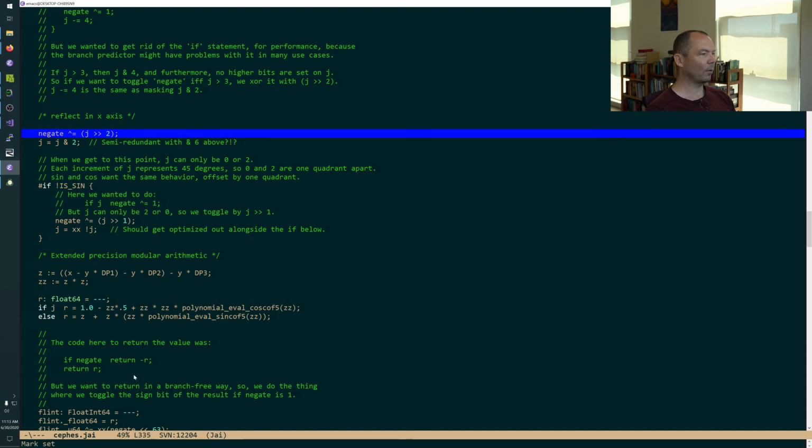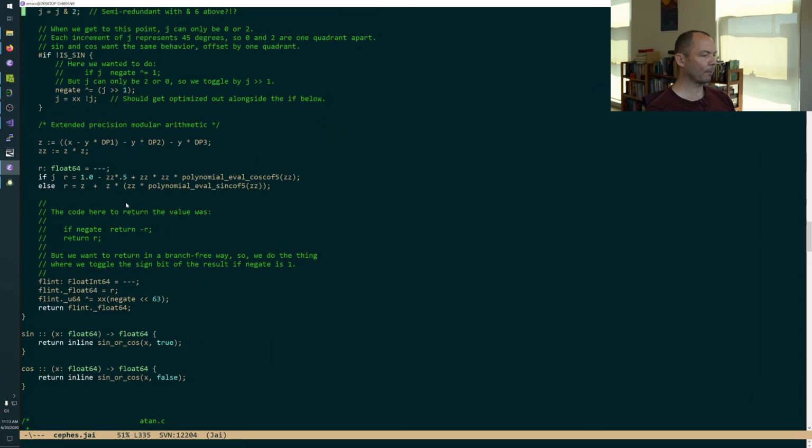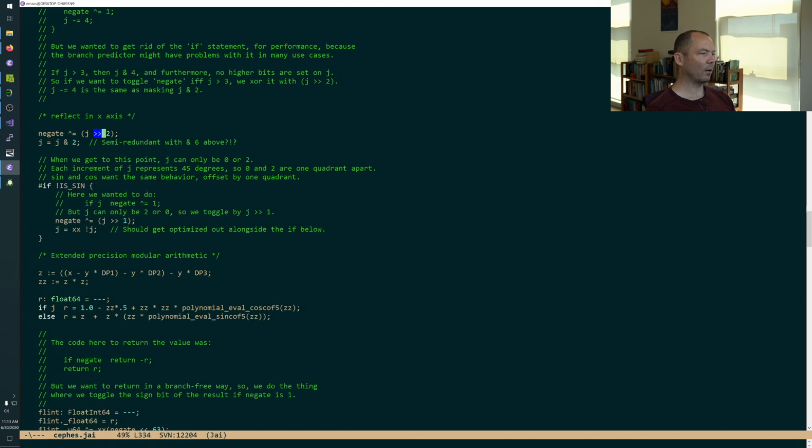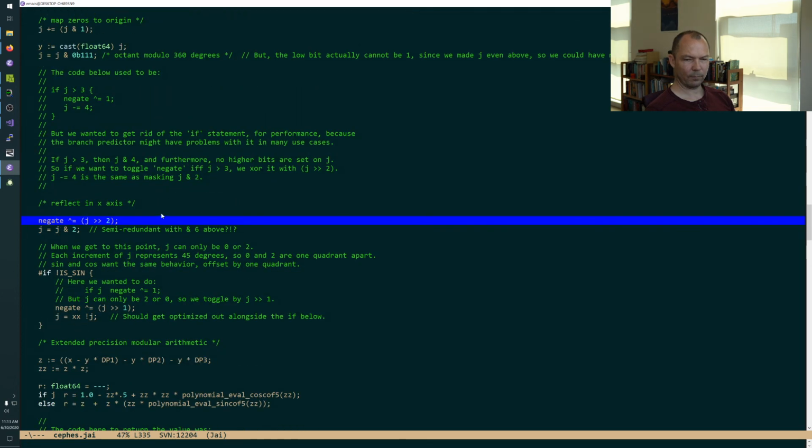This is the problem here, because we need an extra and if we do this, right? So we save this shift, but we have an and here. So it's probably not worth doing.